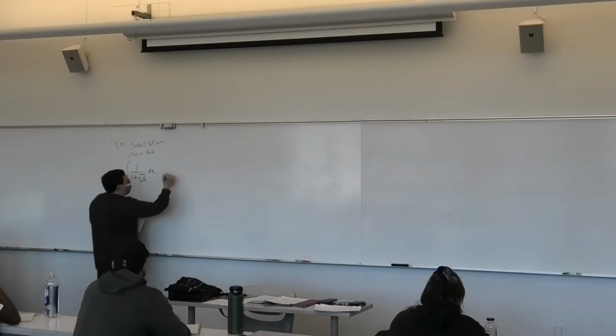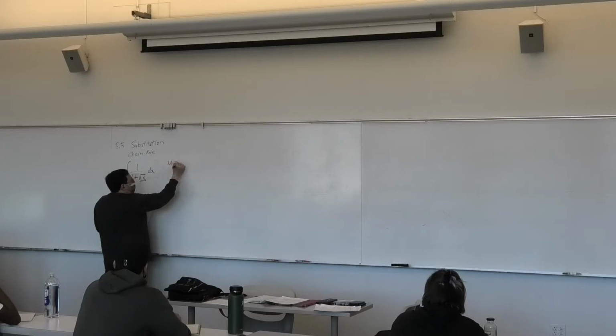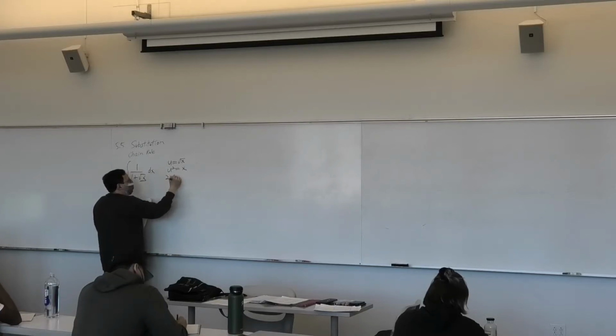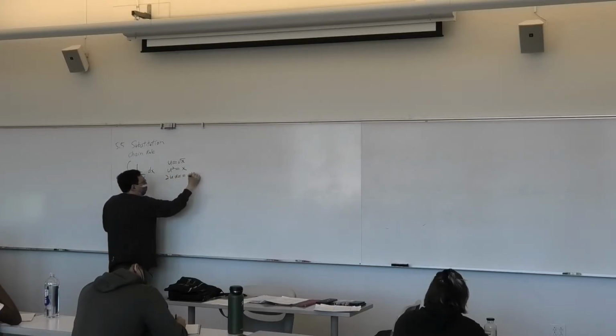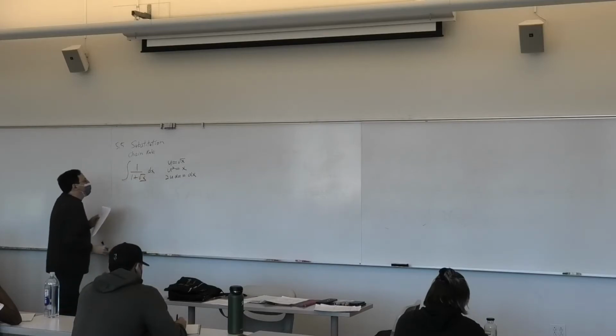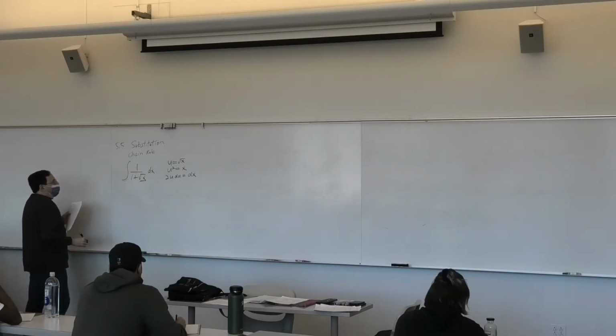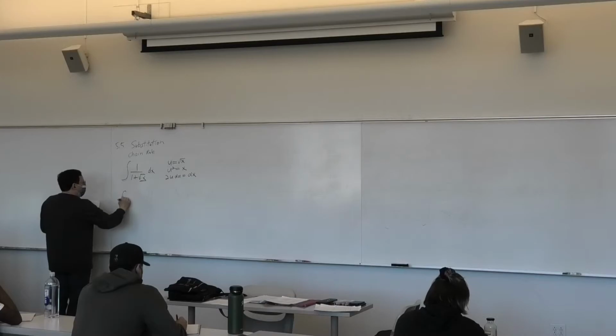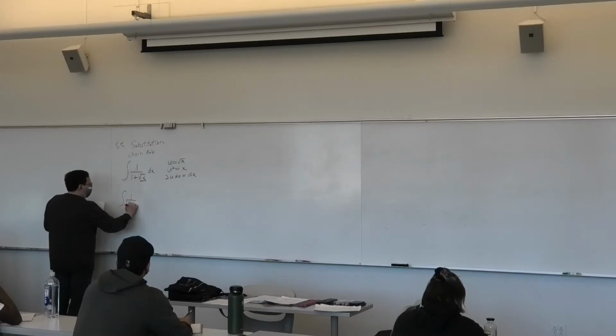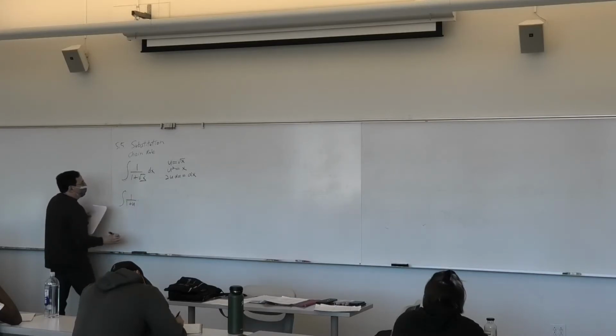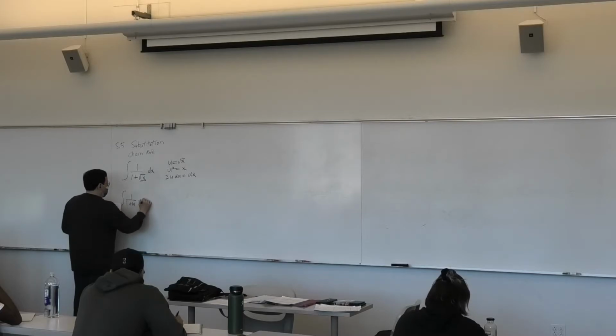But again, the obvious thing would be to set u equals square root of x, or u squared equals x, or 2u du equals dx. And substituting in, we get 1 over 1 plus u times 2u du.